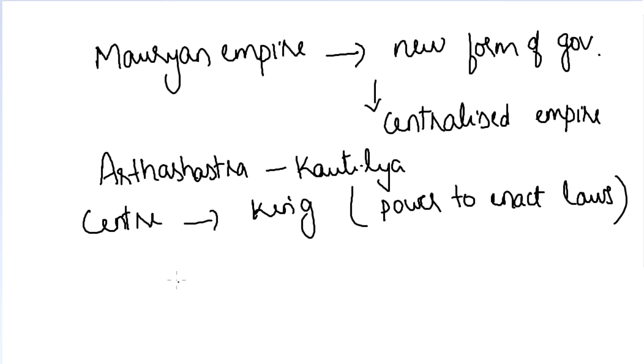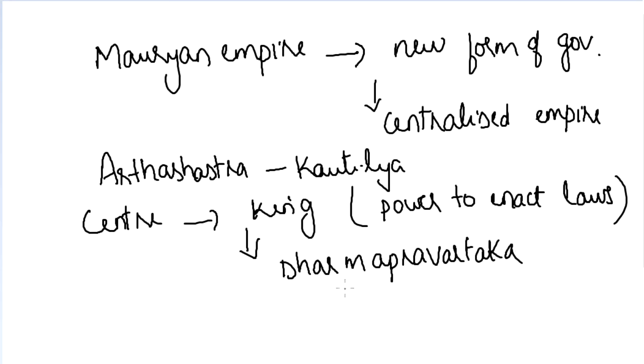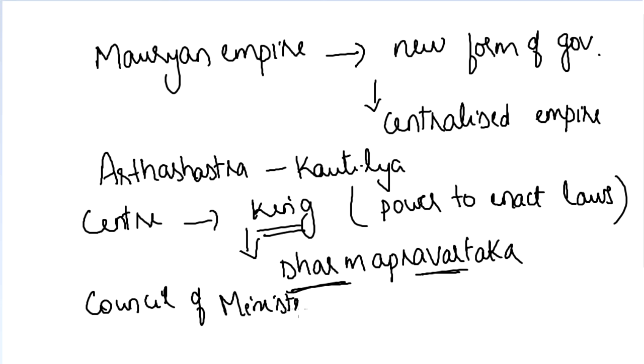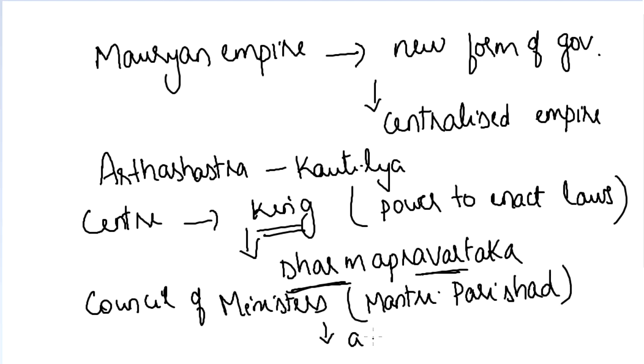The king is called Dharmapravartaka by Kautilya. After the king, there was a council of ministers, called the Mantri Parishad, and their duty was to advise the king.